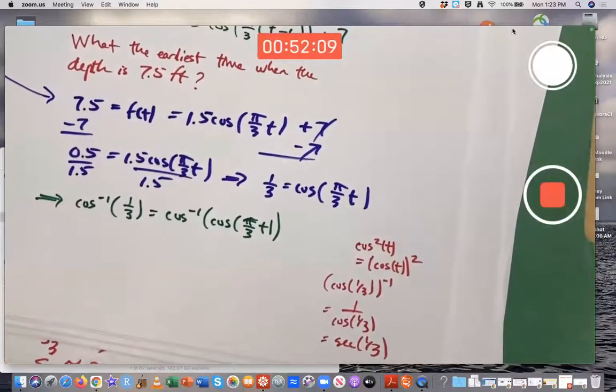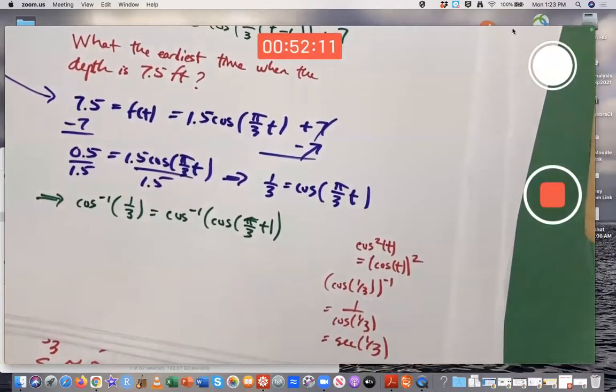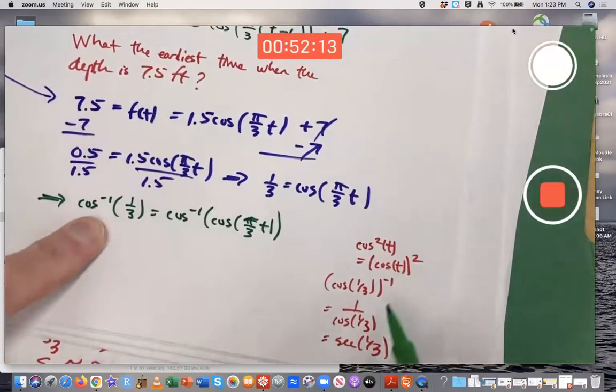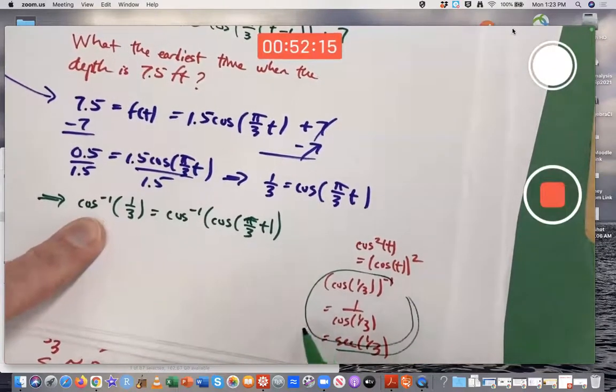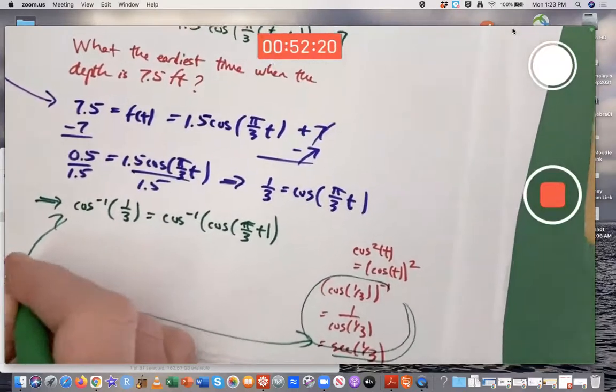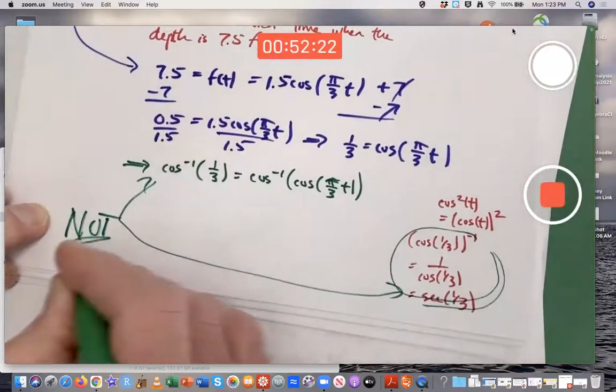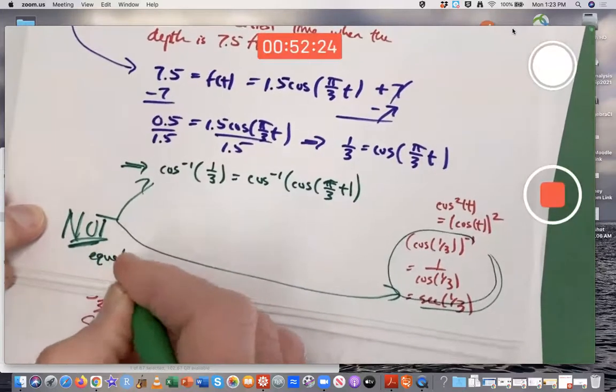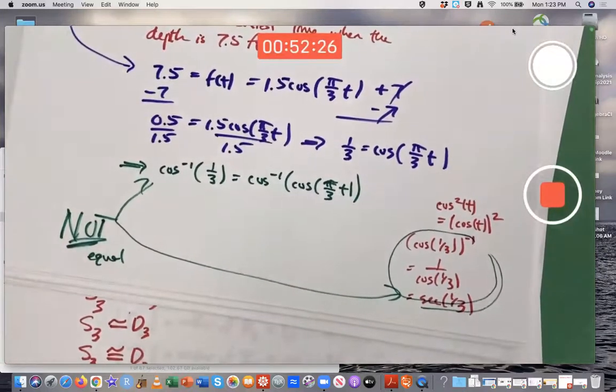And this is not equal to this. Not, capital N-O-T, not equal. I'm just emphasizing that, okay?